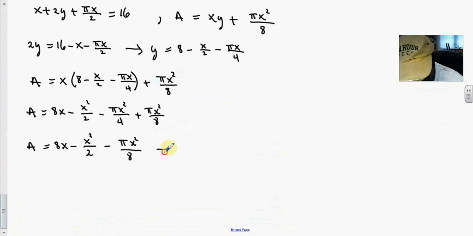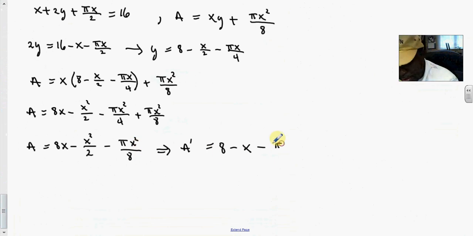So now we take the derivative. A prime is equal to 8 minus 2x over 2, which is just x, minus 2 pi x divided by 8. 2 pi x divided by 8 is just pi x over 4. Okay. Set this equal to 0.